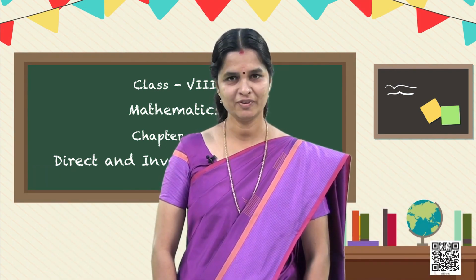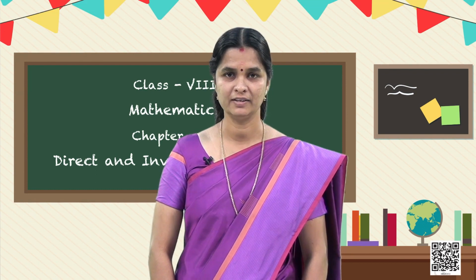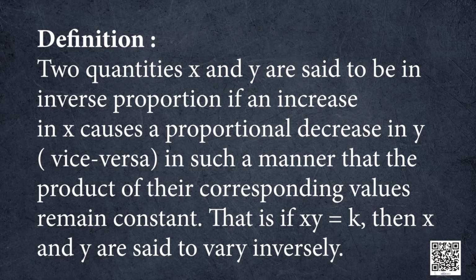So, now we can say that the quantities m and n in situation 1 are in inverse proportion. Now, try to tell me when two quantities will be in inverse proportion. Very good. Two quantities are in inverse proportion when the product of their corresponding values are equal.